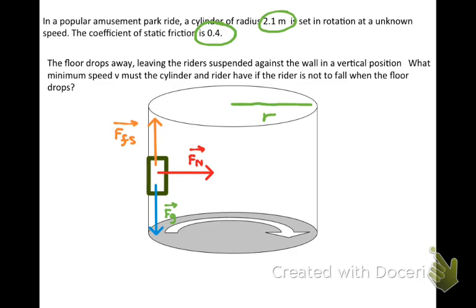All right, so if we look at this, the only centripetal force there is, is the normal force. So the wall of the ride is the only reason the rider is kept in a circular motion.